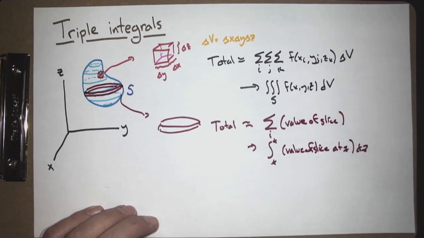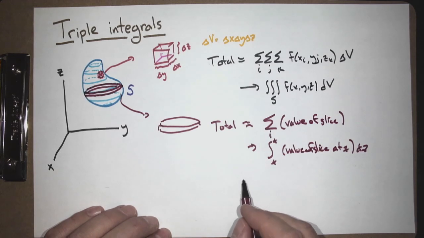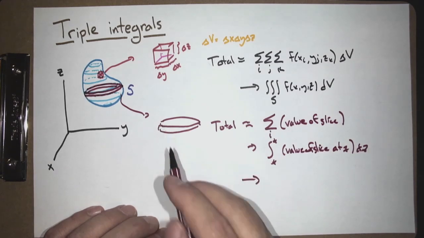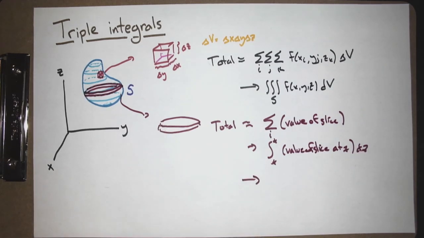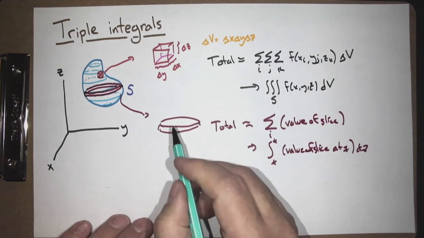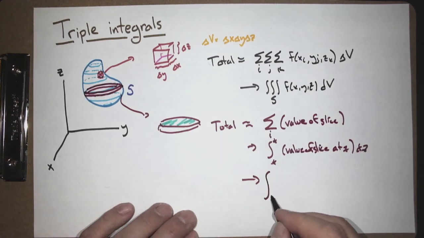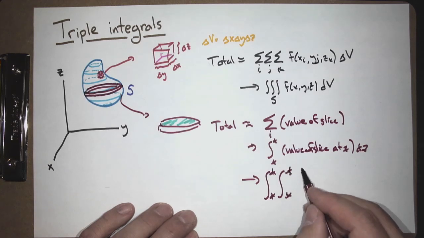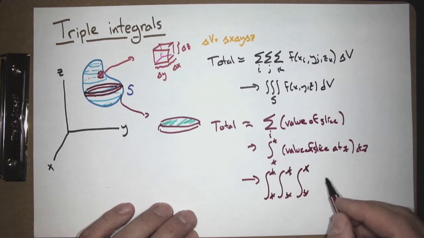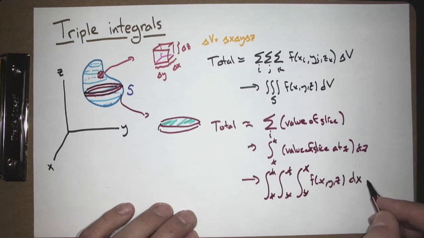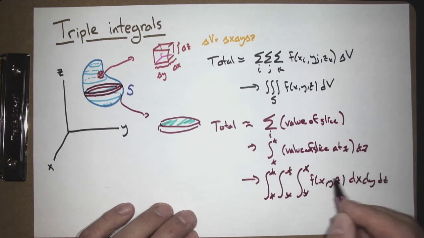The bounds depend on the problem, but the nice thing is this slice is acting like a two-dimensional shape. And since it's acting like a two-dimensional shape, we apply our two-dimensional tools. So we get an integral from the outer layer, an integral from the middle layer, an integral from the next layer, and f of x, y, z, and there's some ordering dx, dy, dz.